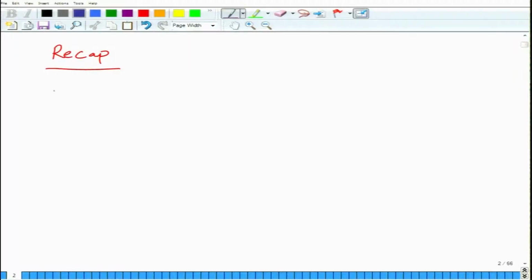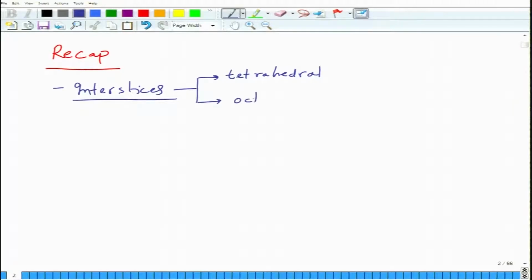So in the last class, we learnt about interstices. Interstices are nothing but voids which are present in the crystal structures, and there are two types of voids that we are concerned about. One is tetrahedral and second is octahedral.